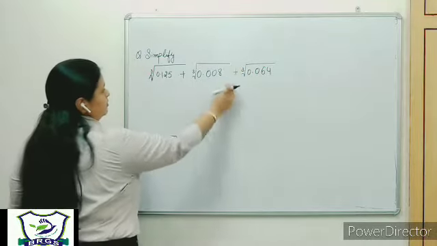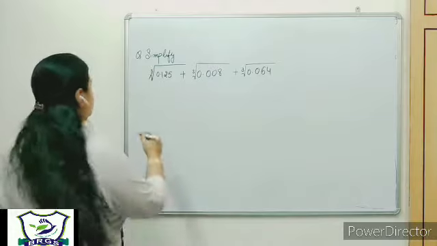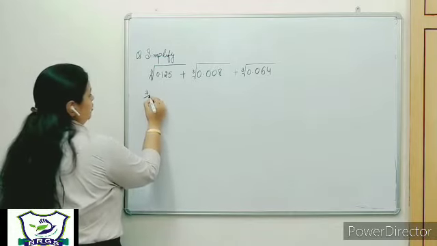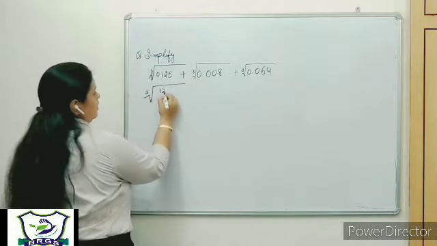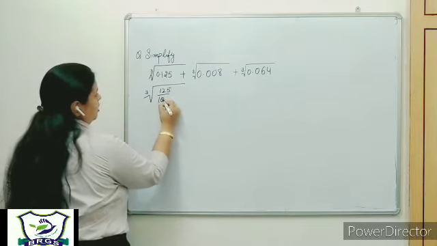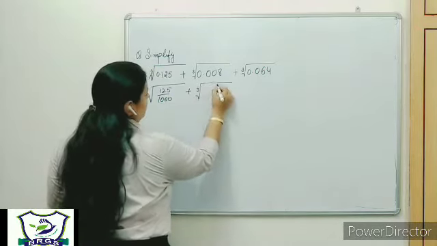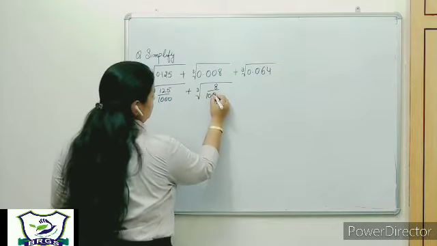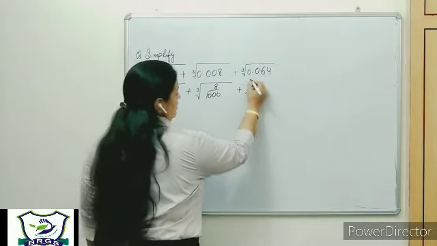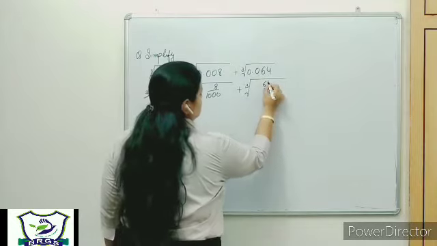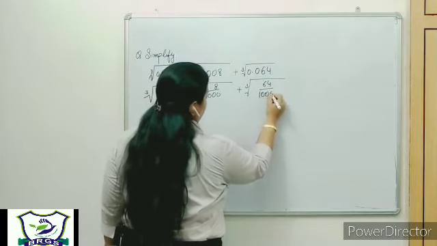All these numbers are decimal numbers, so first we will convert them into fractions. Okay, so 125 by 1000 plus 8 by 1000 plus 64 by 1000.